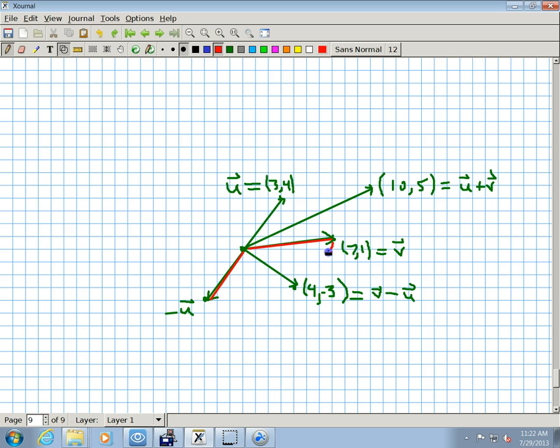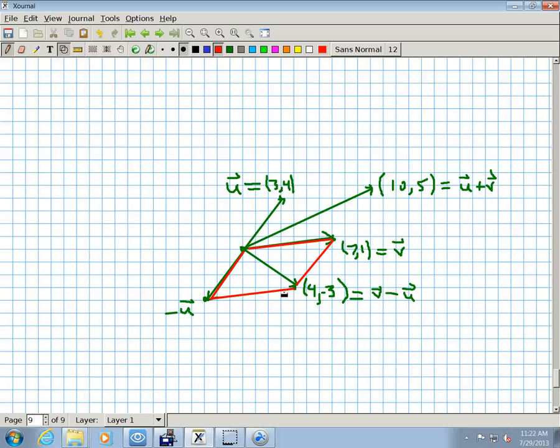Why can't I do this straight? I can't do this straight. Okay, so you see the parallelogram? So if the sides are V and negative U, the diagonal of the red parallelogram is the difference, V plus a negative U, or V minus U.